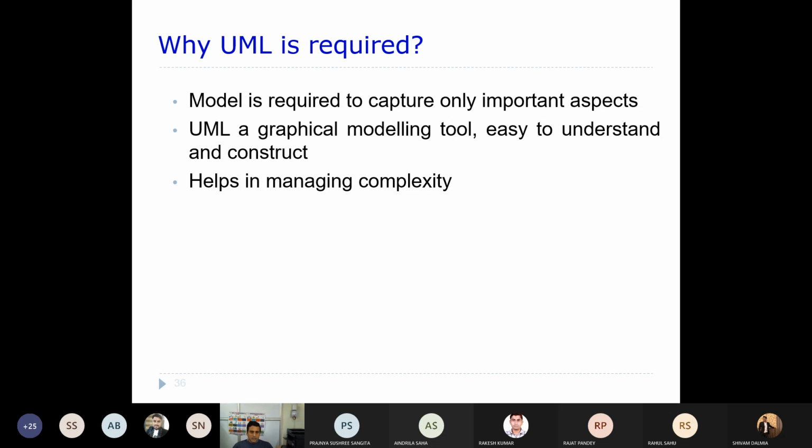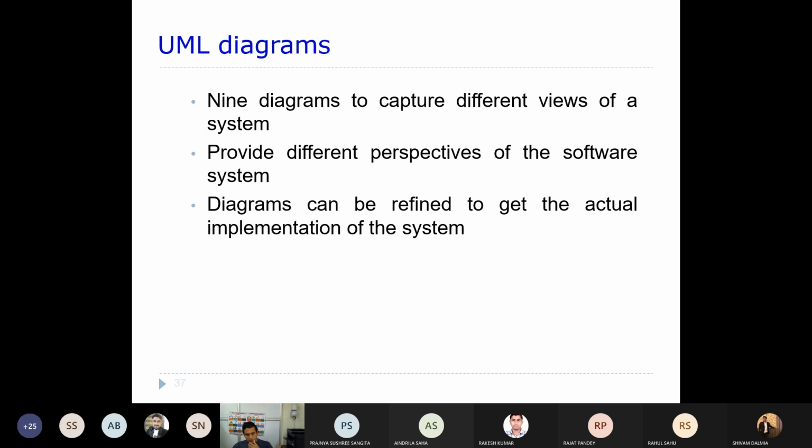Like the software, maybe managing a large software. If you have these UML diagrams, you will probably be able to manage the complexity of the software, and make it much simpler to understand. There are 9 diagrams to capture different views of a system. We'll see all these different 9 diagrams.